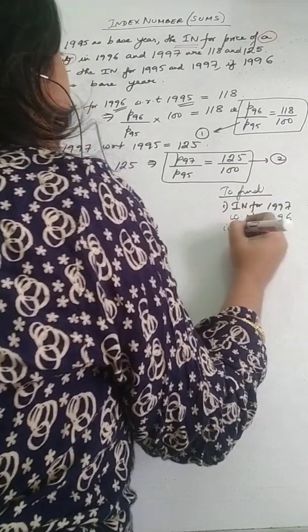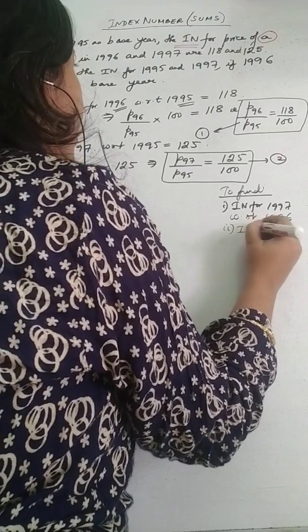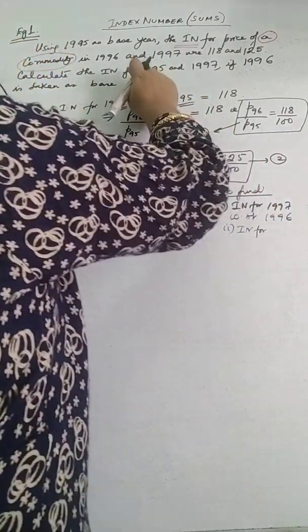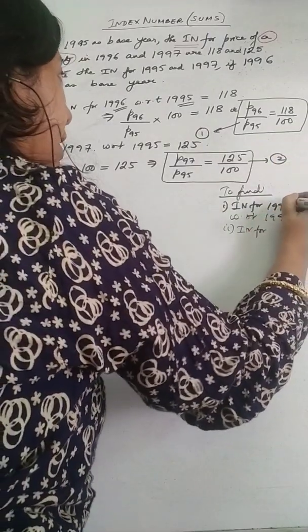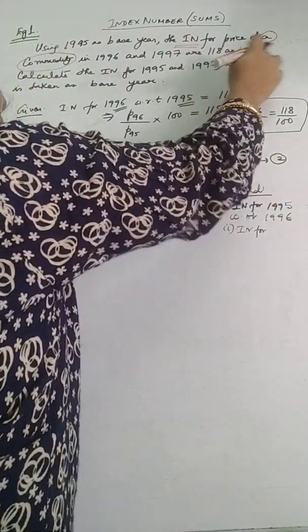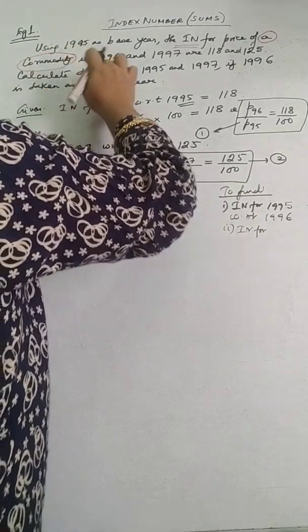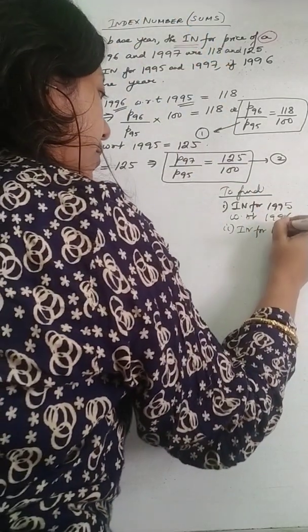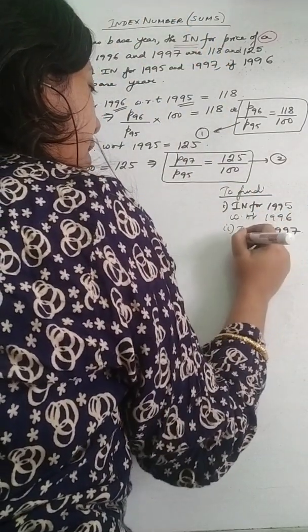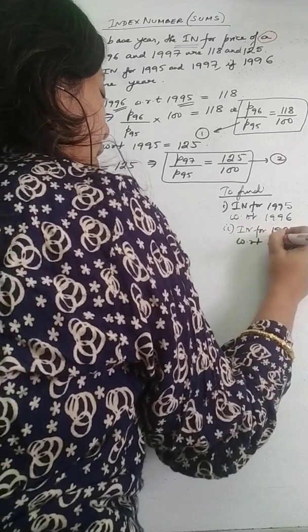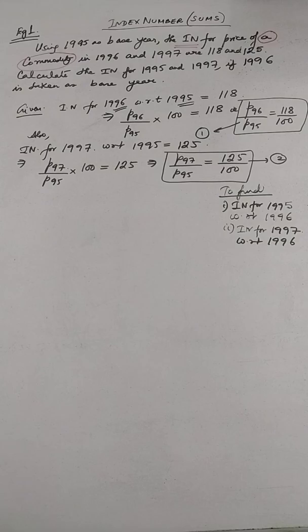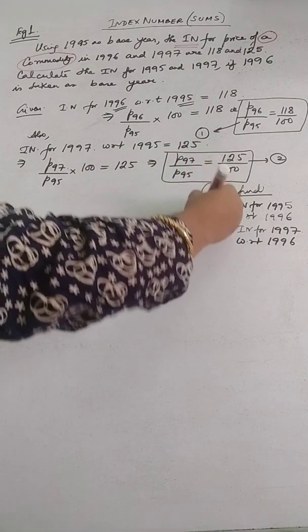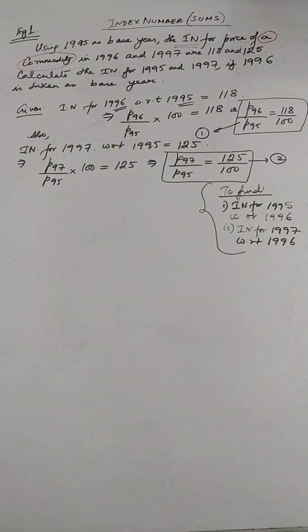And the second one we have to find is the index number for 1997 taking 1996 as base year, that is with respect to 1996. This is what I have to find.